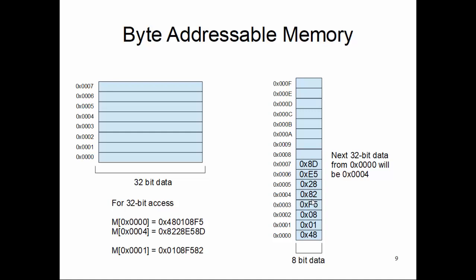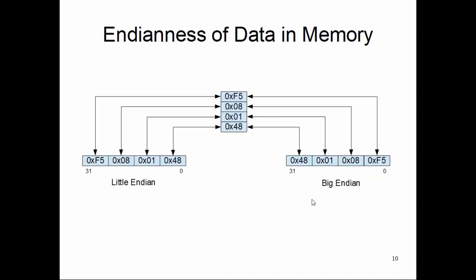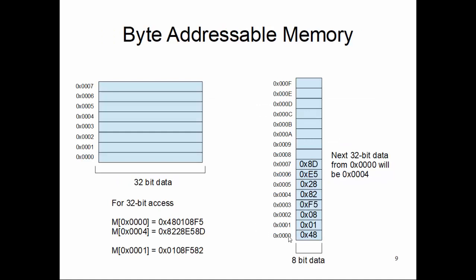Now there is an alternate arrangement as well, and is that arrangement wrong? You have seen that in increasing order of memory address we are storing 480108F5. What if we store it in reverse order, where the lower address contains the lower byte and the higher address contains the higher byte?